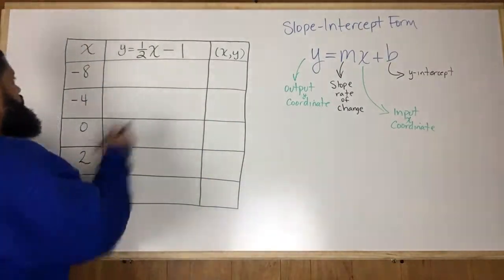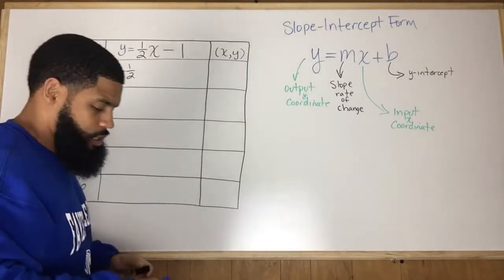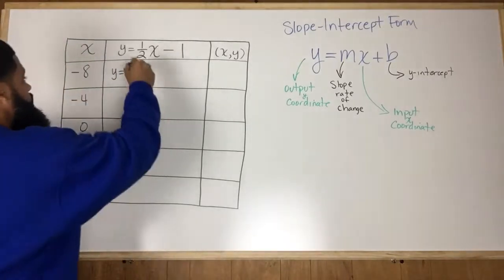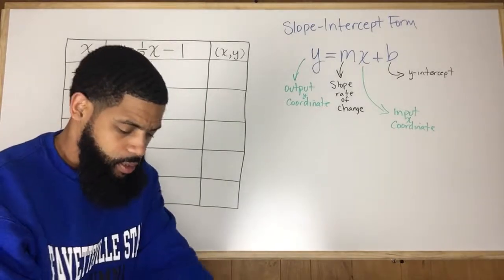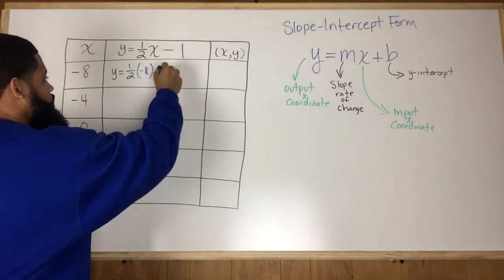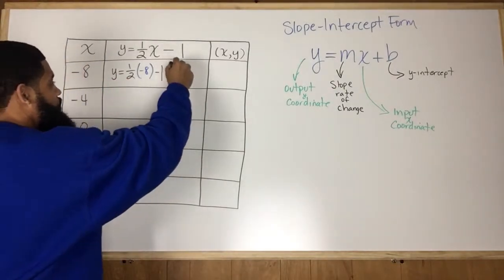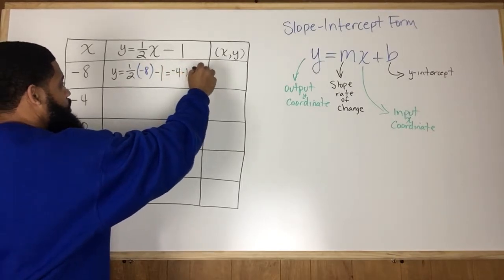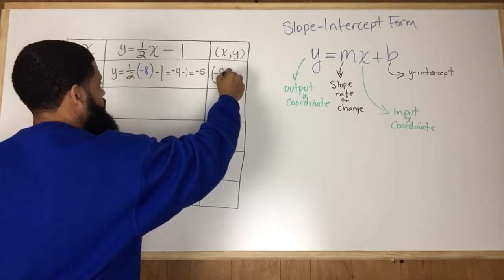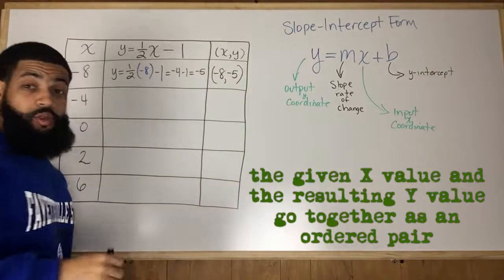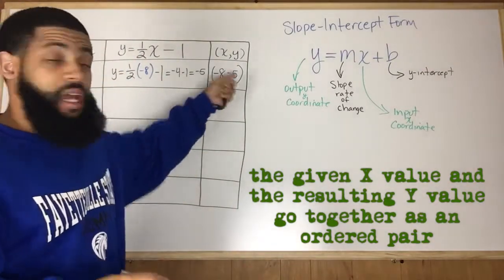Hence, we have y is equal to 1/2, and I want to put the input value in parentheses, so -8, minus 1, which equals half of -8 is -4, so -4 minus 1 is equal to -5, which is going to leave us with the ordered pair -8 and -5, because when we put the -8 into the function rule as x, we're going to get an output of -5.